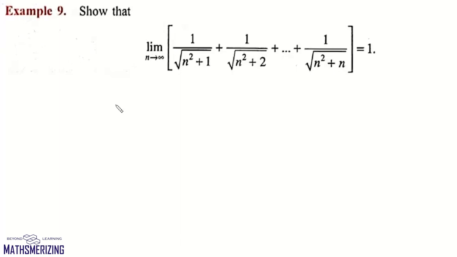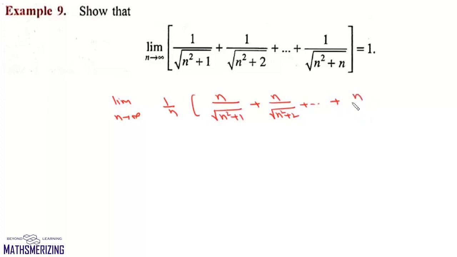So what we'll do is we'll write this as limit n tends to infinity 1 by n times n upon under root of n square plus 1, plus n upon under root of n square plus 2, up to n upon under root of n square plus n.